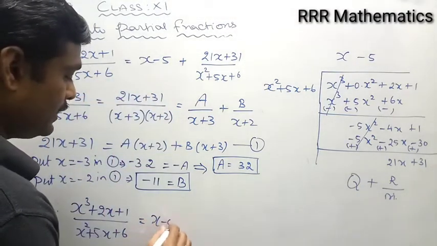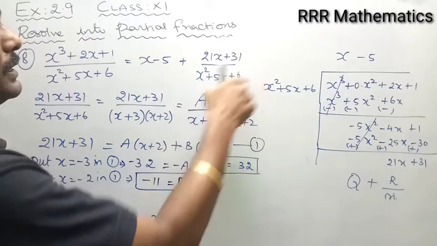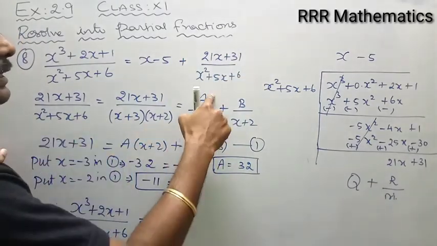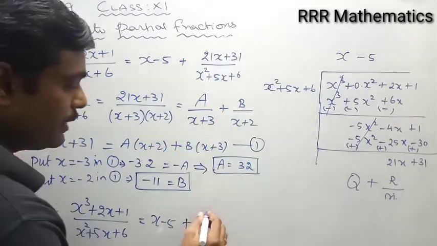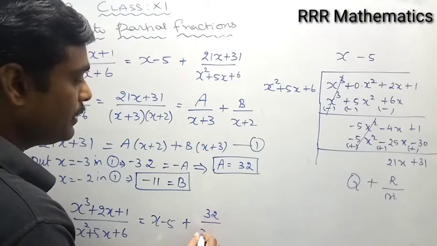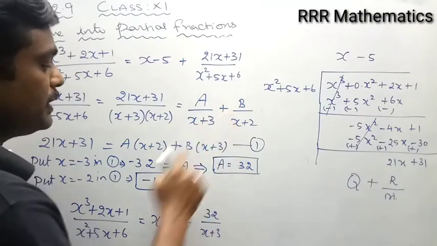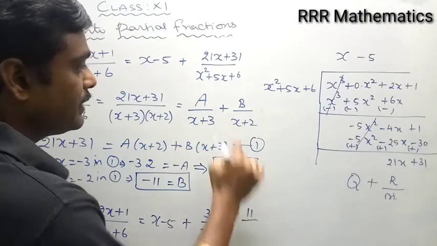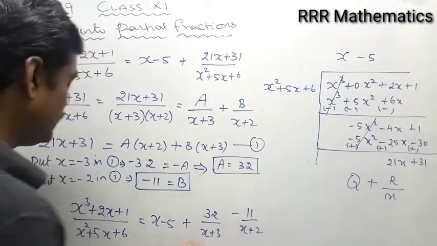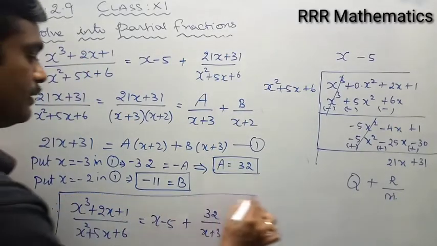X minus 5 plus this one. This one can be written as a by x plus 3. What is a? 32 divided by x plus 3 plus b. What is b? Minus 11 divided by x plus 2. That's all. Got it? Very simple.